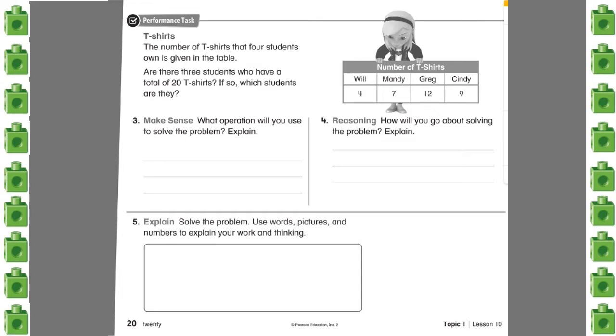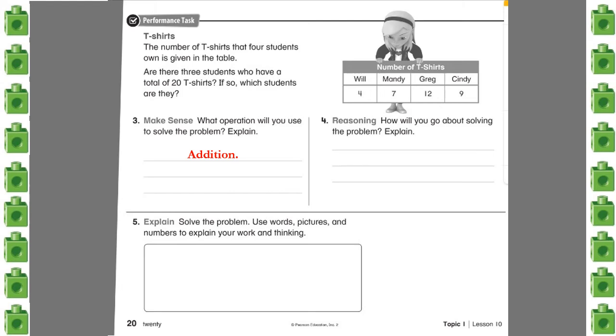Well, are we going to add or subtract to figure this out? We're going to use addition. Okay? Why? Because we need to find a total of 20. We need to find a bigger number. And when we do that, we're using addition.